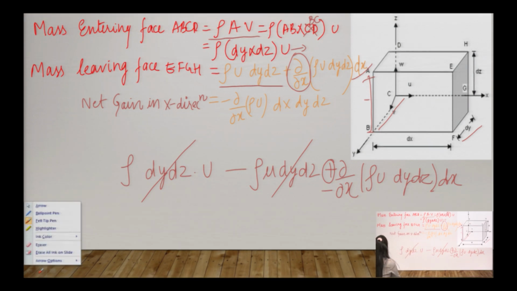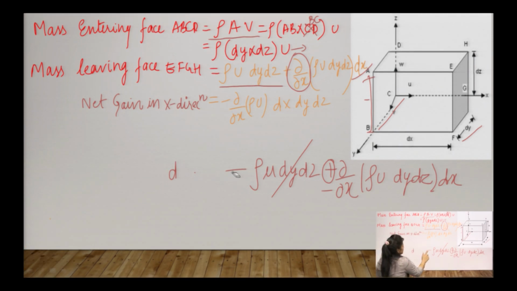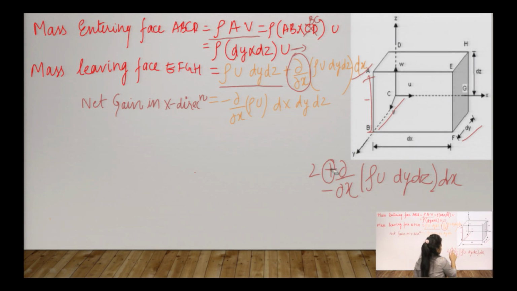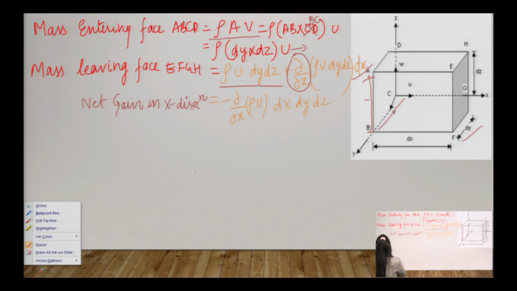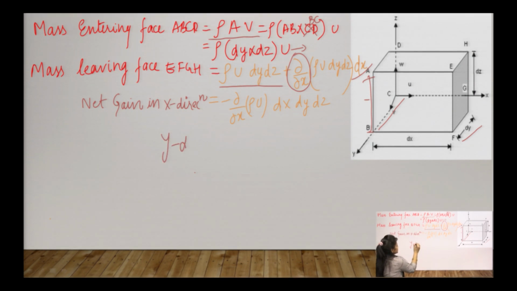Now similarly we can go for y and z direction. In y and z direction, there will be a change in the velocity and the area. Similarly for y direction, let me tell you, what will be the change.